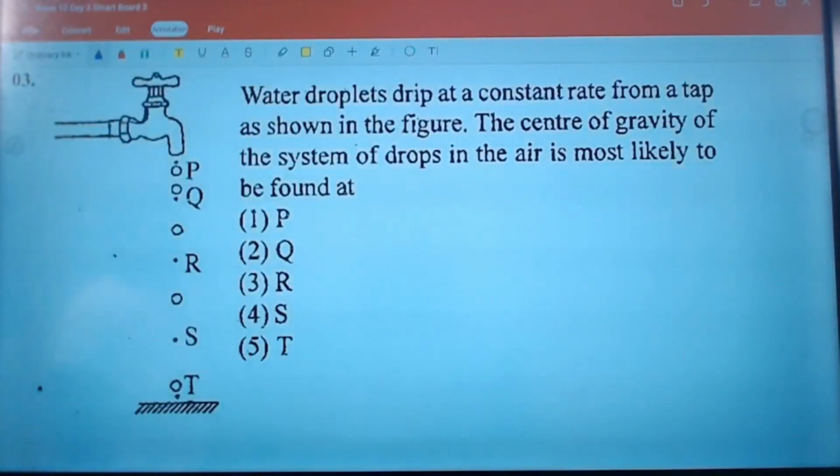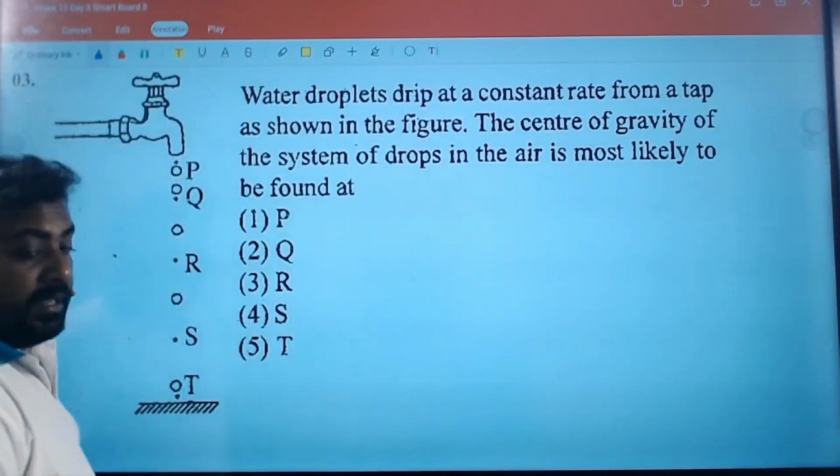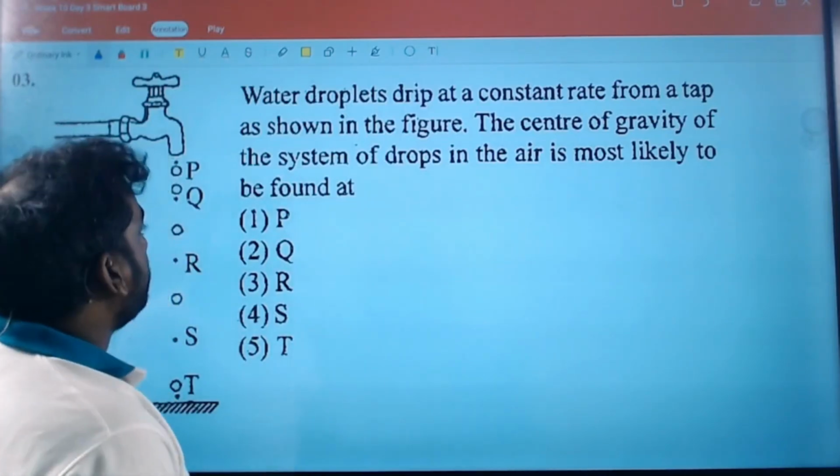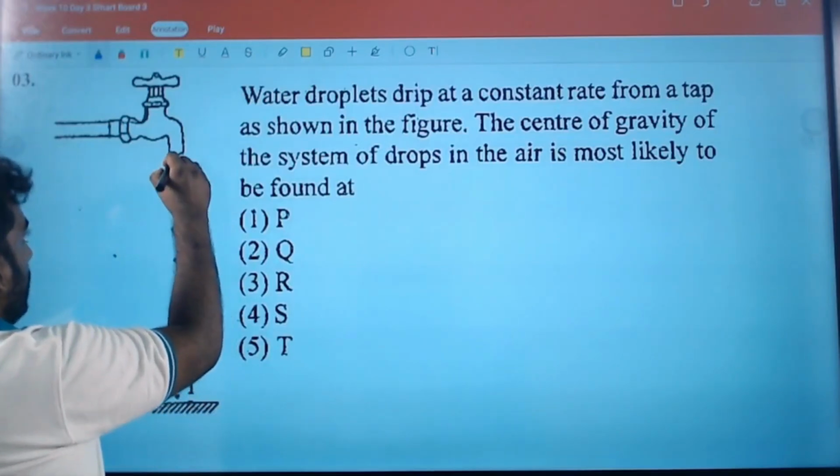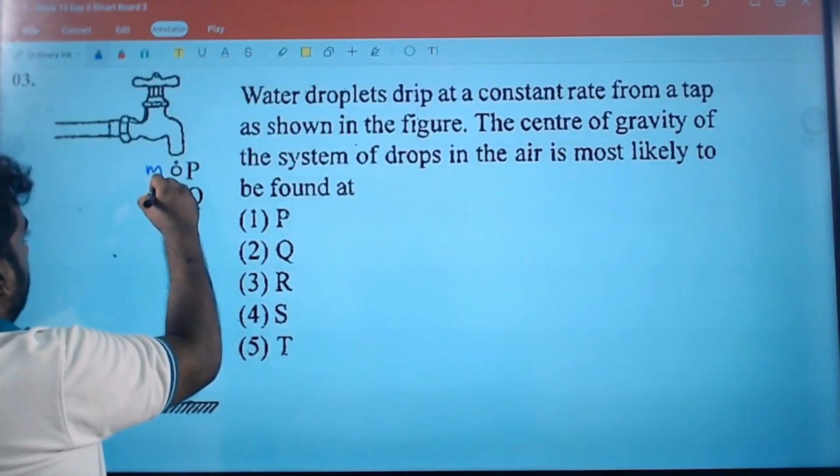Water droplets drip at a constant rate from a tap as shown in the figure. The center of gravity of the system where the drops is most likely to be? Now, you can apply ratio theory because all these masses are equal.